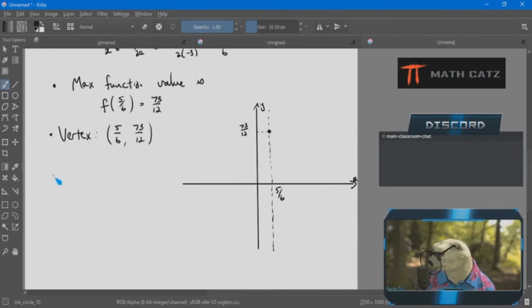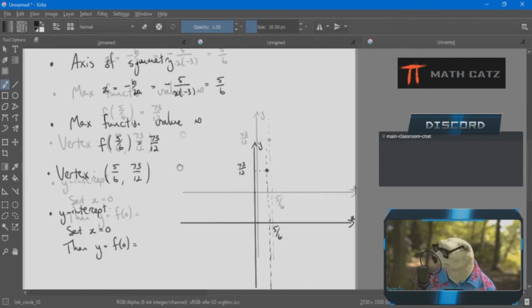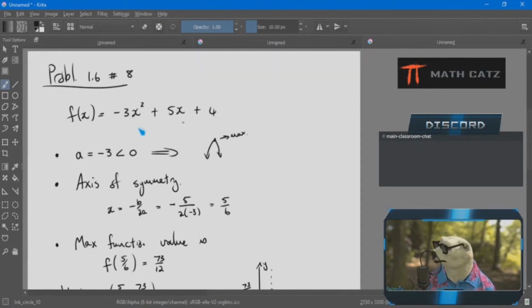So let's find the y-intercept, I mean. The y-intercept, of course, is just where I set x equal to 0. So that will be y equal to f of 0. And if I look at my function, if I have 0 for x, the first term falls away, the second term falls away, and that's always going to be the case.